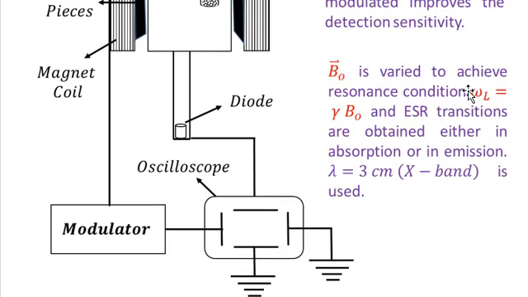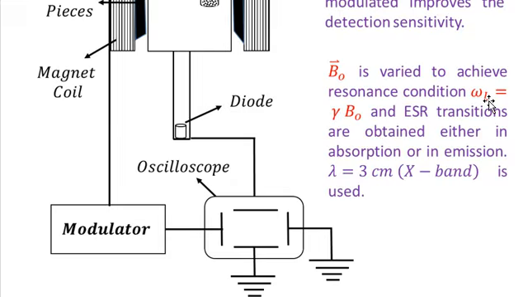So B1 is varied to achieve the resonance condition, that is omega L, the precessional frequency. Omega L is the precessional frequency or the Larmor frequency of the precession of the magnetic moment in the sample around the magnetic field B, and this omega L is equal to gamma times B naught.